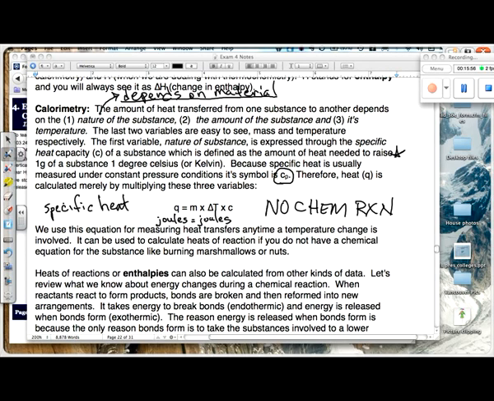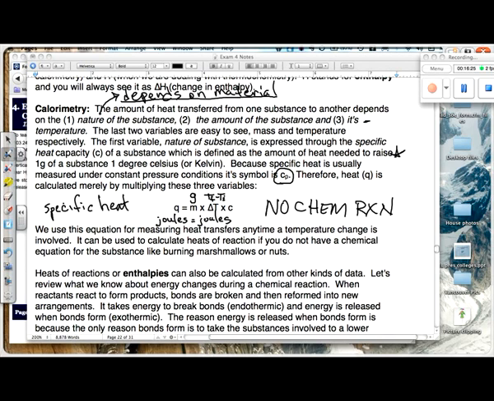So mass, of course, is our amount, number 2 up here in our 3 things. So amount is mass, and that's in grams. Remember, our triangle means change, so this is the temperature change, our number 3 in the 3 things that affect the amount of heat. We are always going to get the change in temperature by doing the final temperature minus the initial temperature.